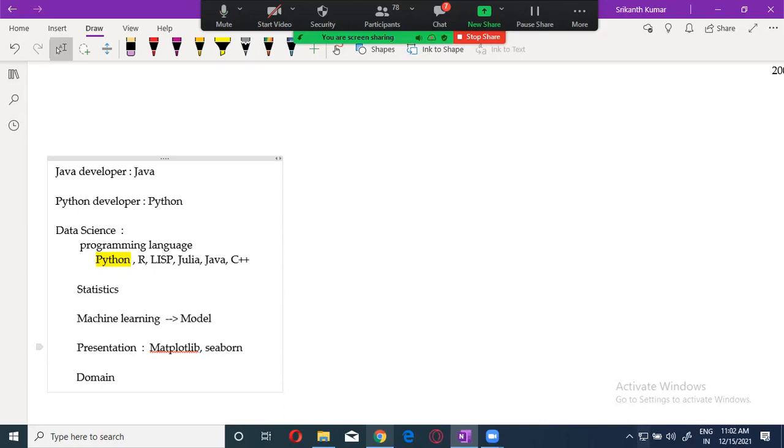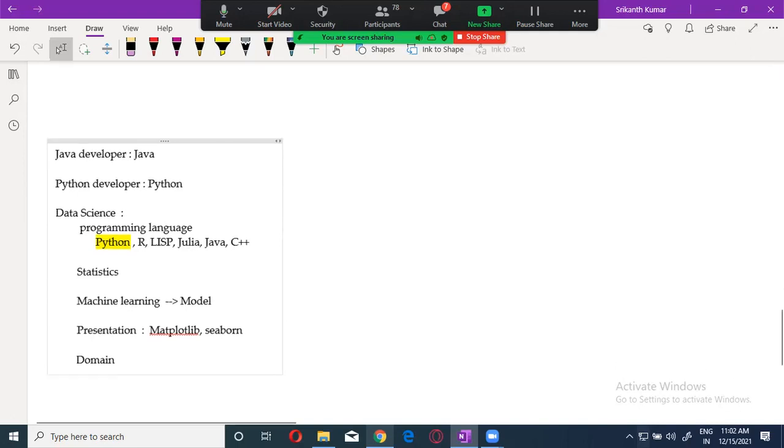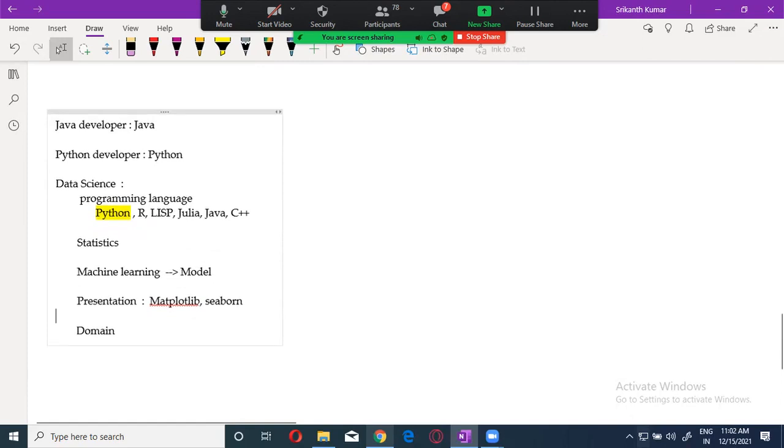Understanding about an industry is called domain knowledge. This is what is required for you to become a data scientist.